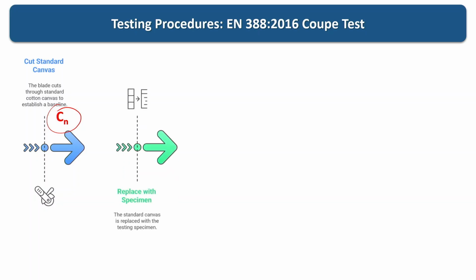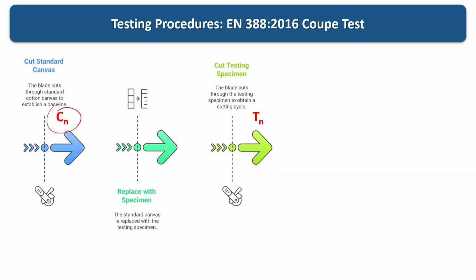Then we replace that canvas with the test specimen. The blade cuts through the test specimen, and we obtain the number of cutting cycles, Tn. Initially the cutting cycle was Cn for the standard canvas, and Tn is the cutting cycle for the test specimen.